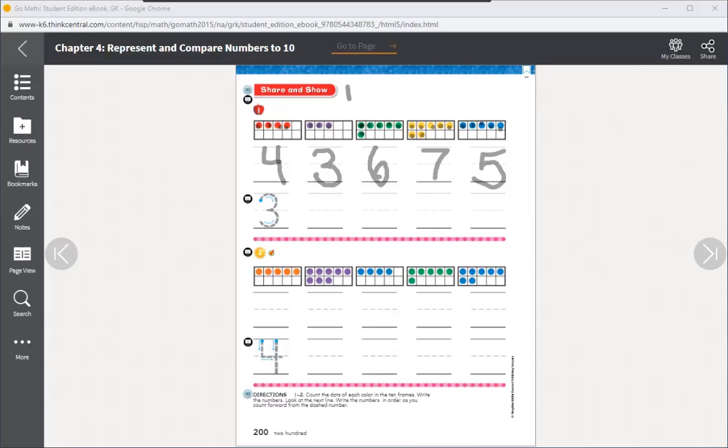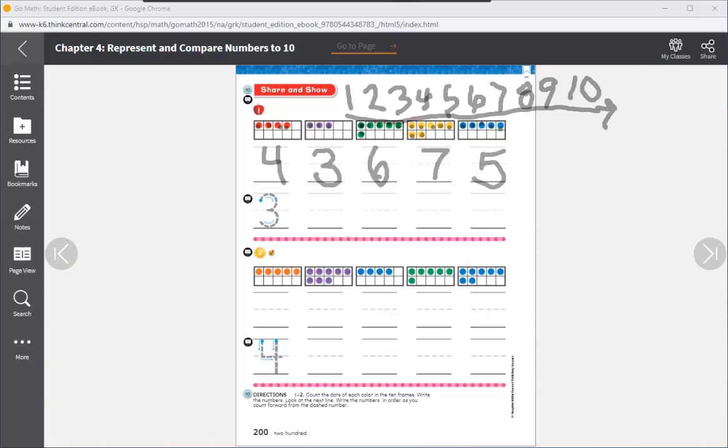Here we go. 1, 2, 3, 4, 5, 6, 7, 8, 9, 10. So these are the numbers in sequence, 1 through 10.